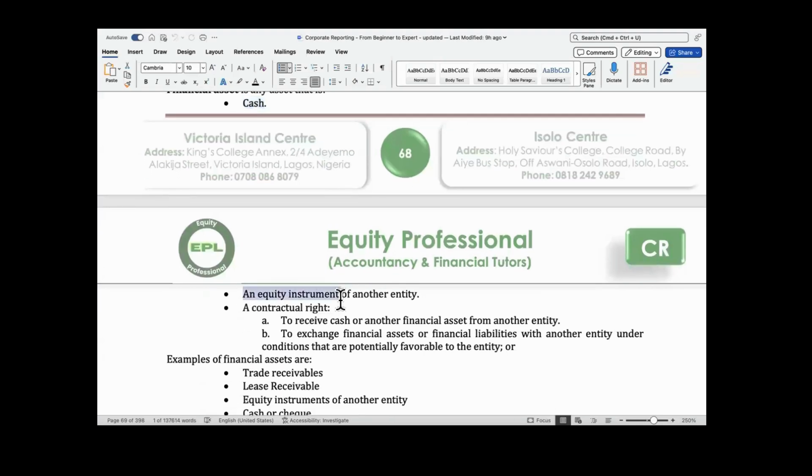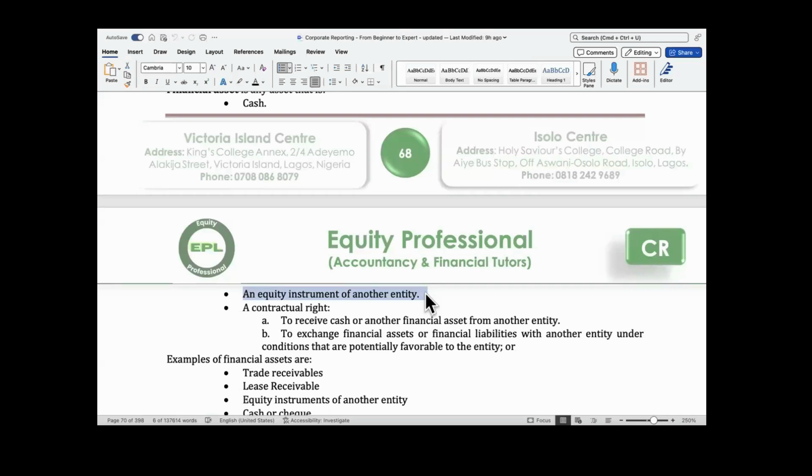Financial assets can also be an equity instrument of another entity. Meaning that when you have an equity instrument of another entity, you have a financial asset. And how can you have equity instrument of another entity? It's by buying their shares.